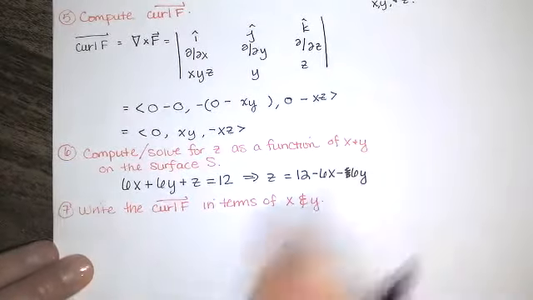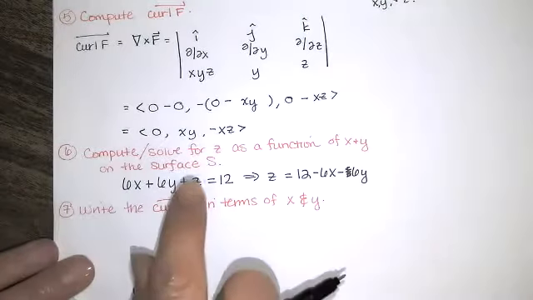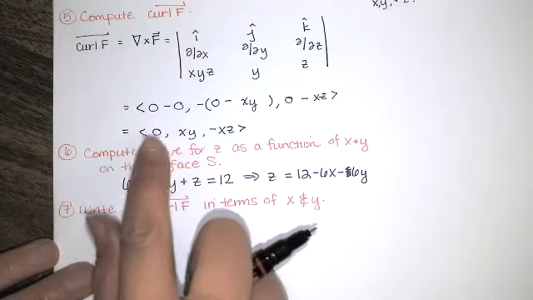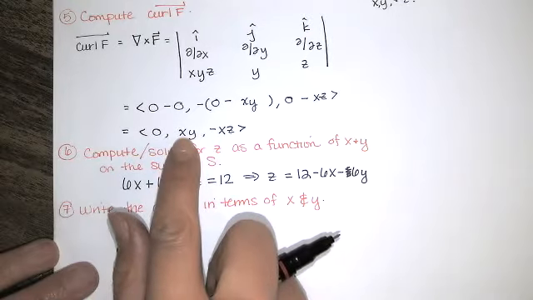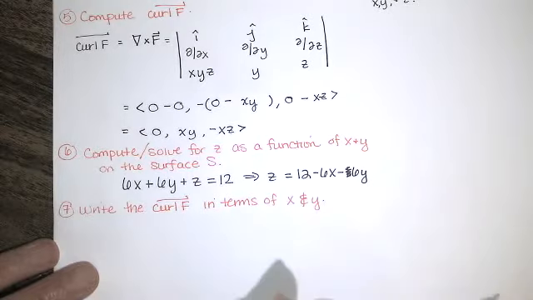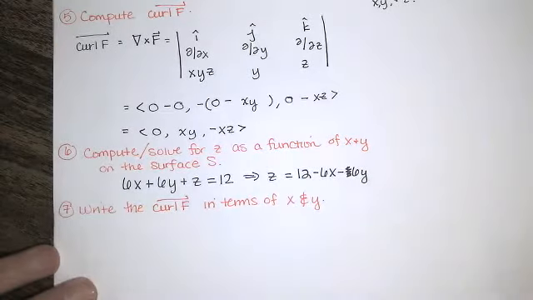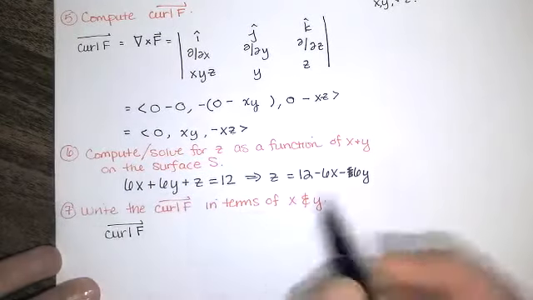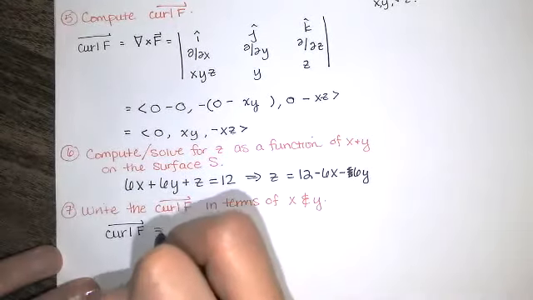So you're just saying, remember, if you're on this surface given by this function, well, the curl in terms of x and y is xy times j hat minus x times all of that times k hat. So I'm just making a small substitution, replacing z with this.